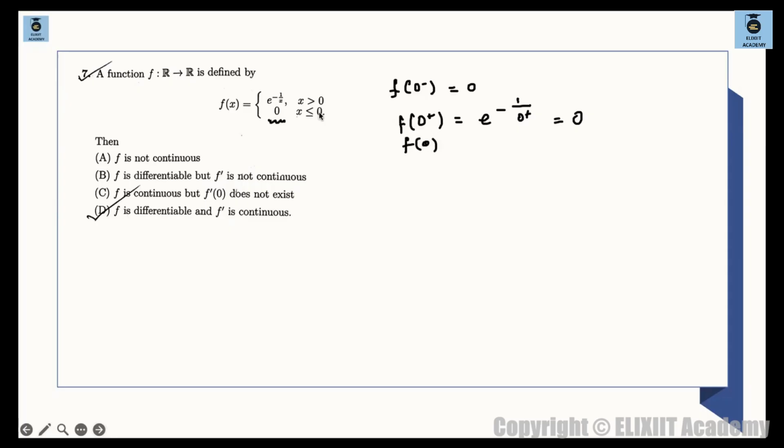And f of 0 also, we consider this branch, which is 0 only. So the function is continuous at 0. Not continuous is cancelled out. The function is continuous. Now, for differentiability, what do we do?